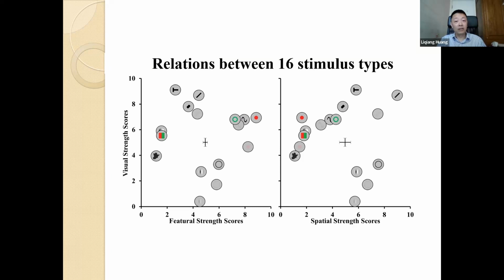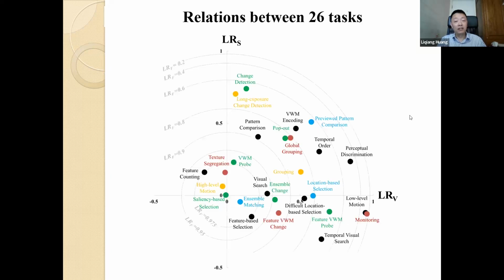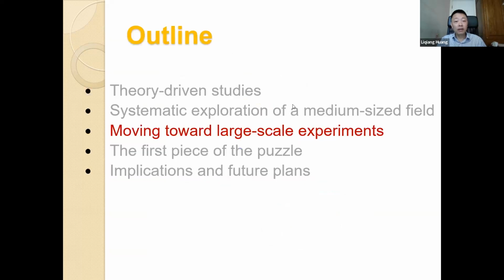In a word, I came up with a 3-dimensional space, which I think perfectly explains all the stimulus types and the tasks. I named those dimensions F, V, and S. So this is the relation between those stimulus types, and this is the relation between those 26 tasks. Again, this is not the main topic today, so I won't get into the details, but I just want to give you some sense of what I tried in those years.